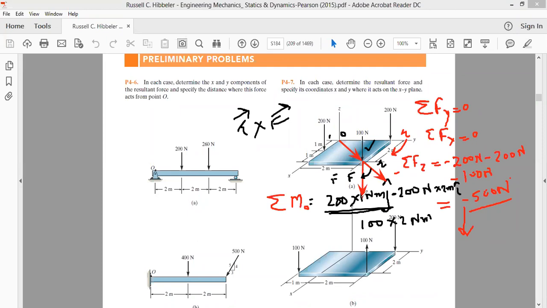what could be the direction of our moment? The direction of our thumb is in this direction.